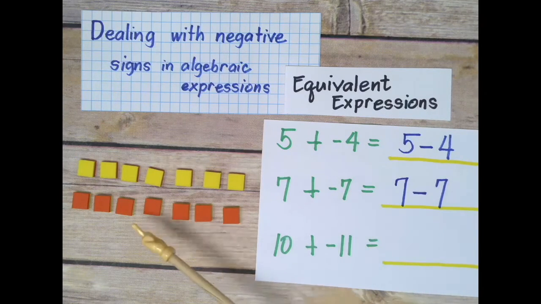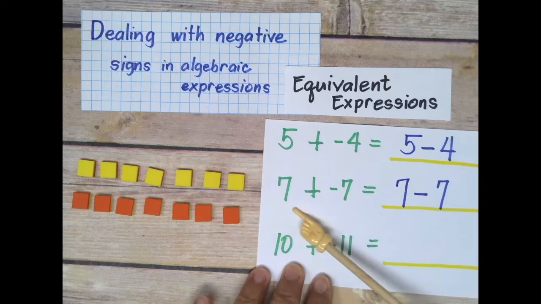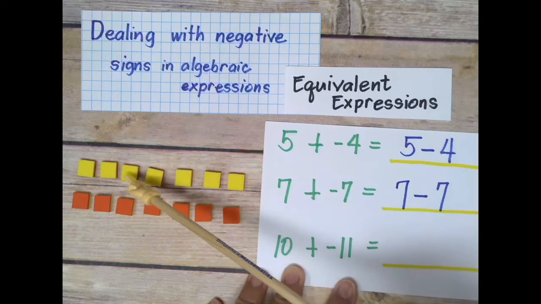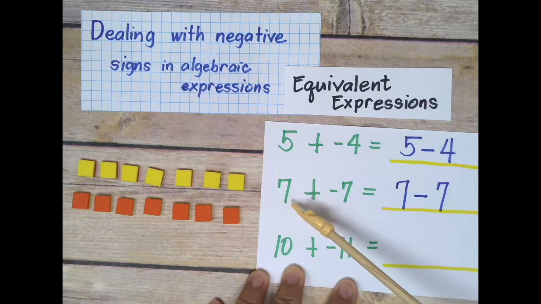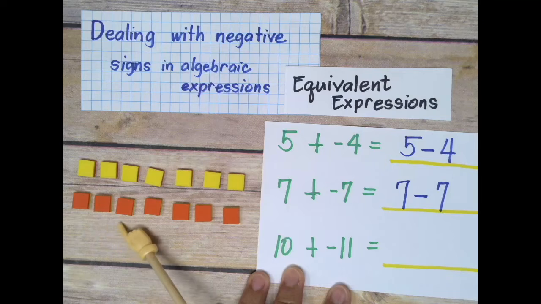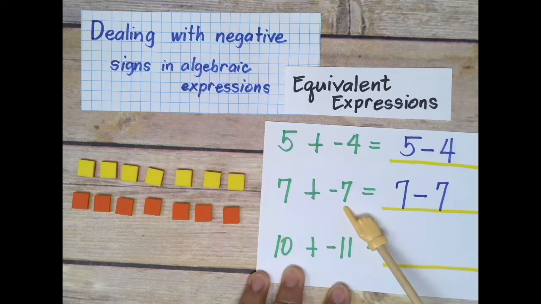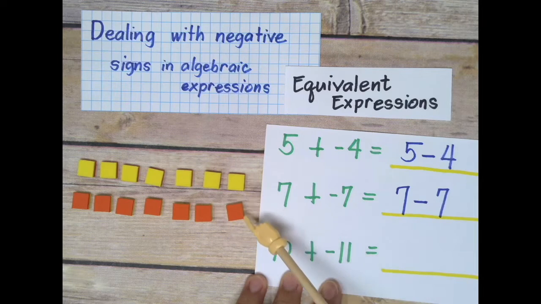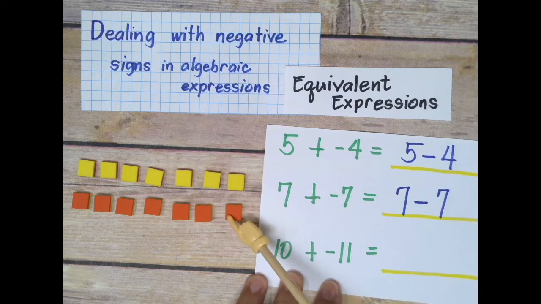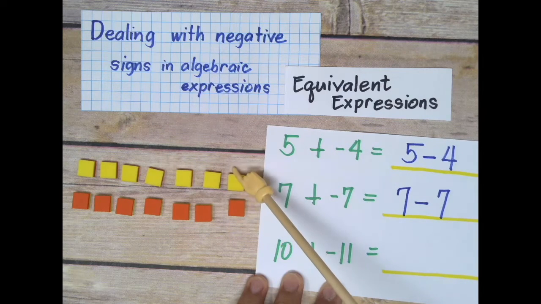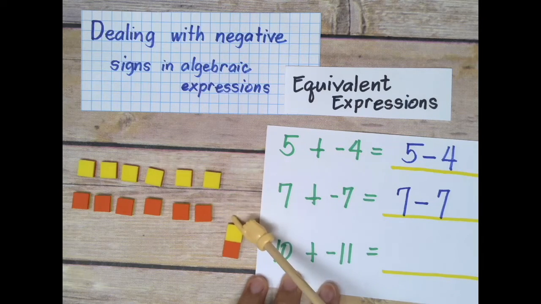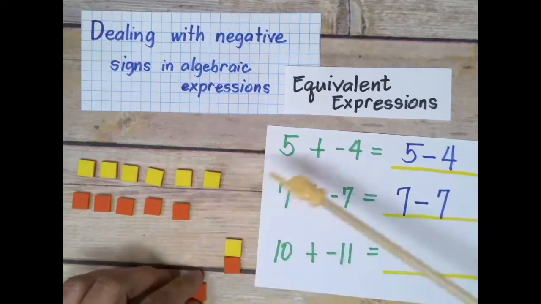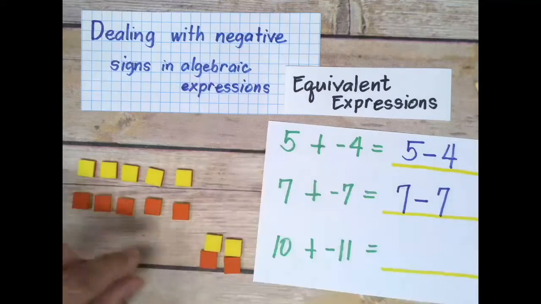Okay, so we have our representation of the expression 7 plus negative 7. We have 7 yellow tiles representing positive 7 and 7 orange tiles representing negative 7. But now we know that a yellow tile and an orange tile make a zero pair. So how many zero pairs are we going to make here?